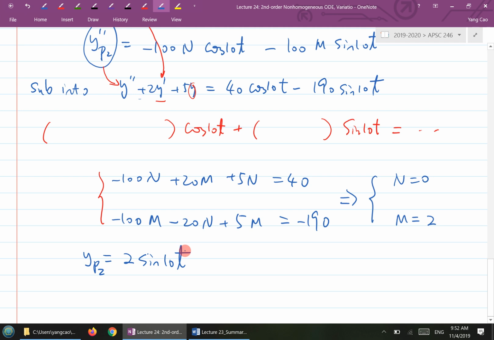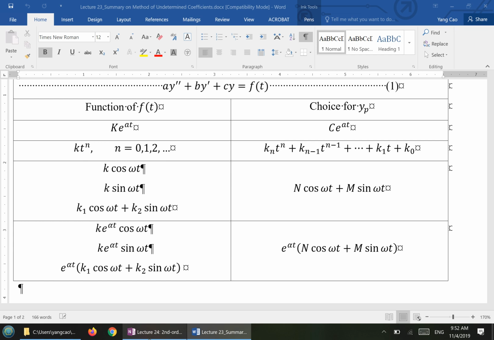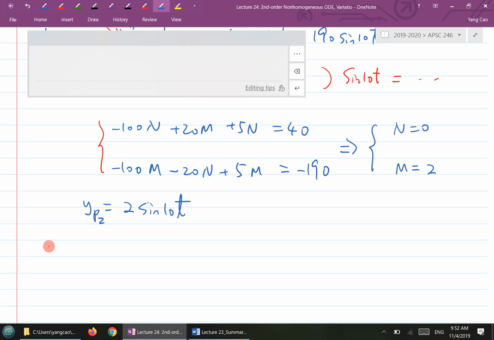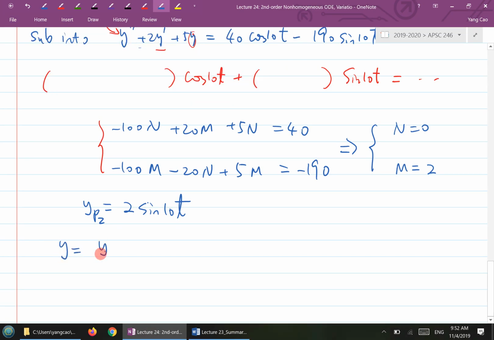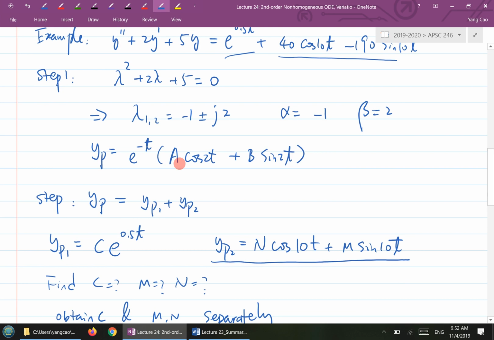So finally, you can put everything together. The general solution is y equal to yh plus yp1 plus yp2, and you get your whole general solution. Now some student asks, what are we going to do with this A and B?